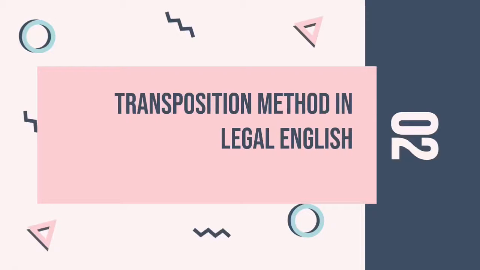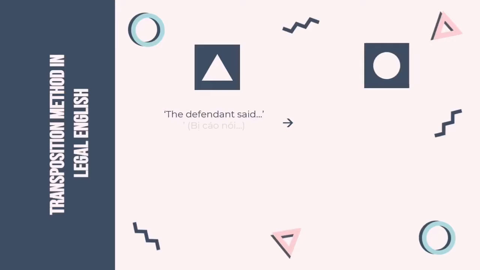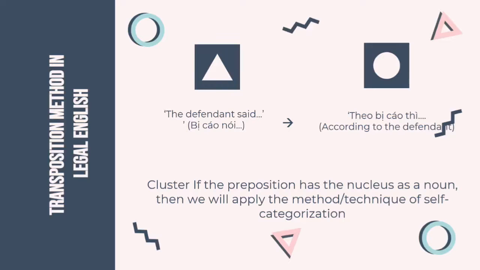And number 2 is transposition methods in legal English. In legal English, when the English sentences are in different tenses, the verb structures translated into Vietnamese are according to the different tense. Character is the preposition has a nucleus as a noun.